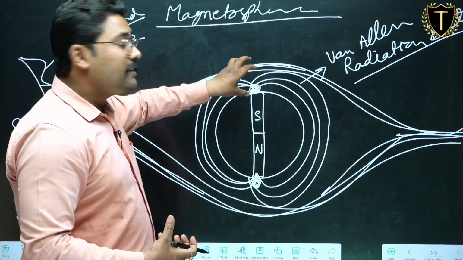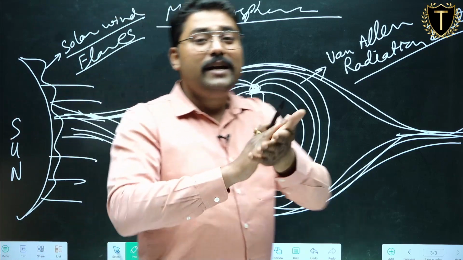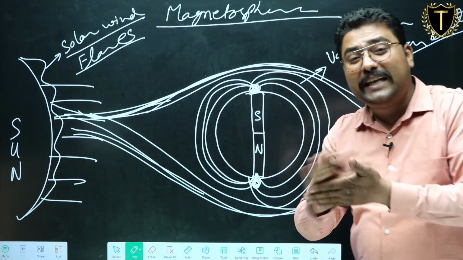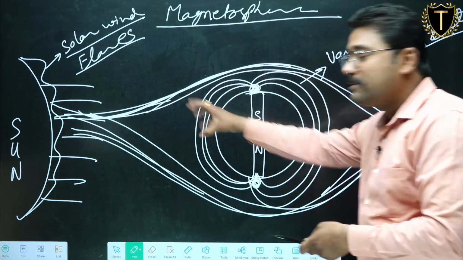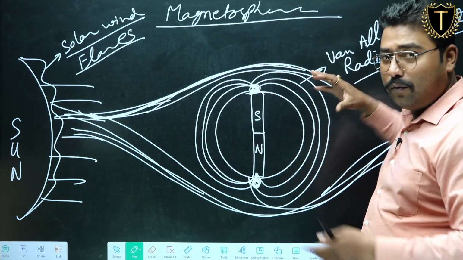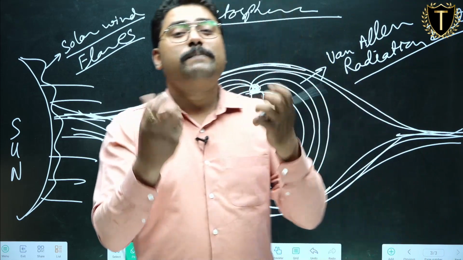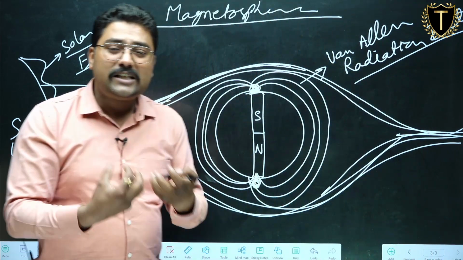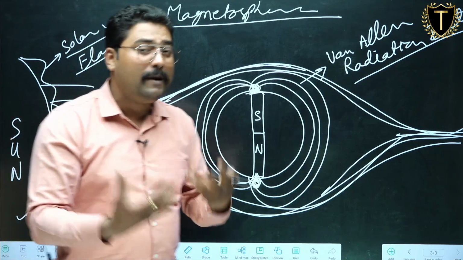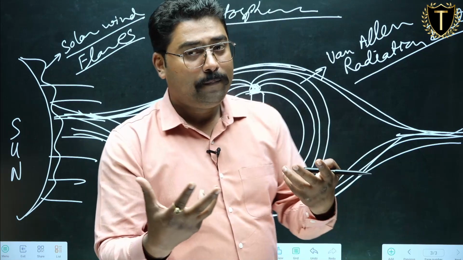Now these ionized particles collide with each other, or you can say spark with each other, when the solar winds pass. After passing, when the plus and minus charges collide, they spark, and the gases present in our atmosphere which are abundant, that is nitrogen and oxygen, they burn.